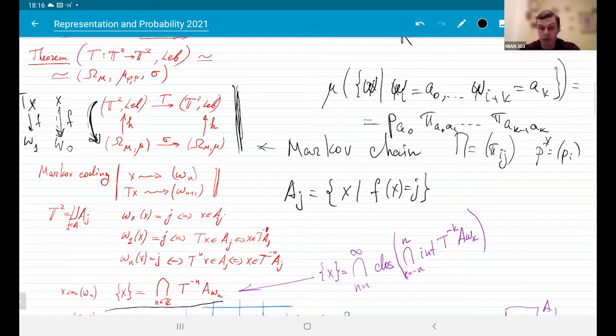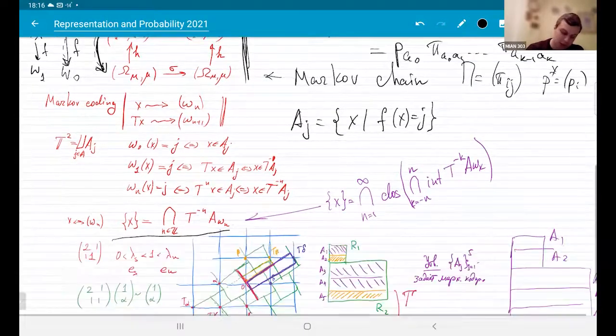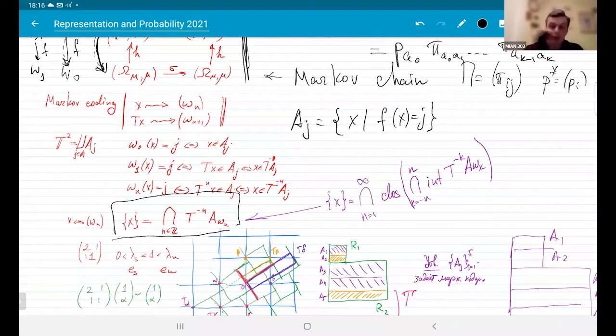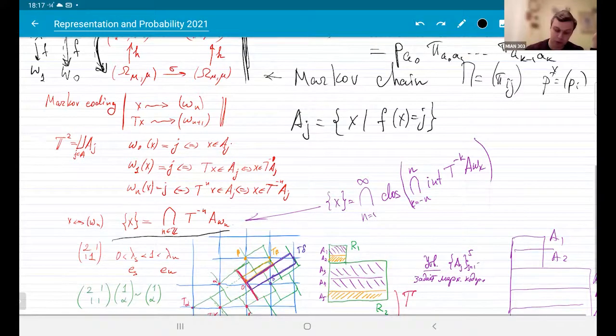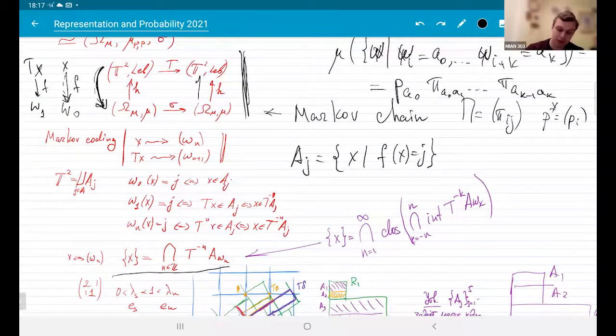What are the problems here? First of all, this set can be empty. Note that in this formula, it is much easier to think that we have a sequence omega n, and then we construct X corresponding to this sequence. So it goes in a good direction.